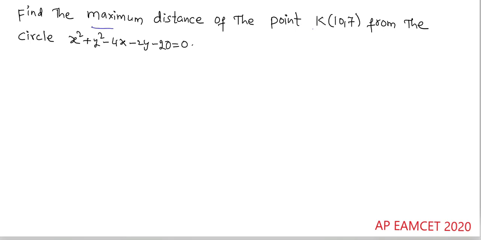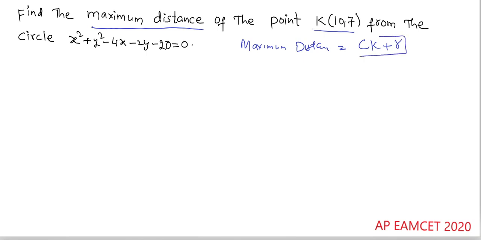Find the maximum distance of the point K (10, 7) from the circle x square plus y square minus 4x minus 2y minus 20 is equal to 0. We know that the maximum distance is equal to CK plus r.